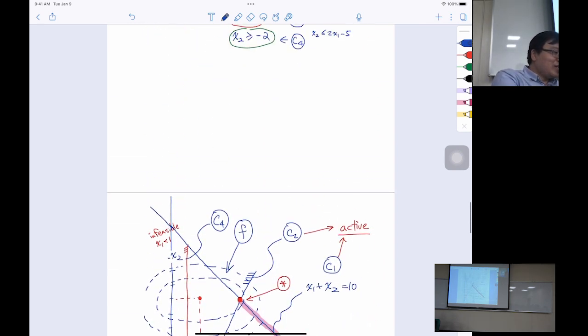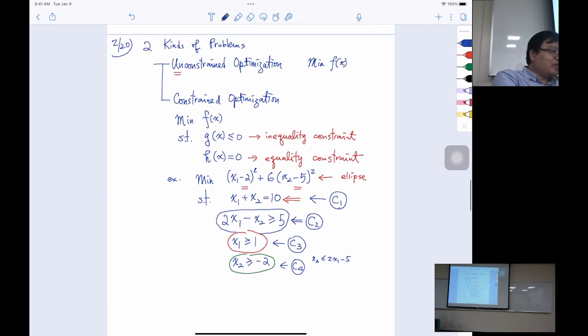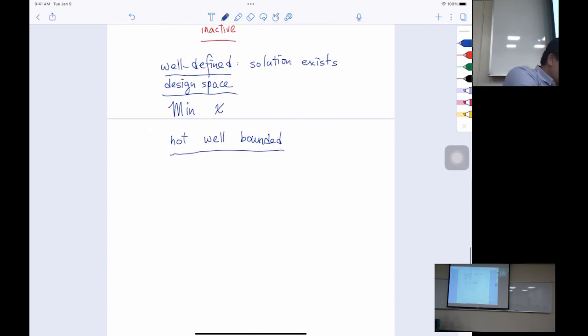Okay, anyway, I hope this helps you to understand the difference between unconstrained optimization and constrained optimization. But for today, we are going to focus on unconstrained optimization, because constrained optimization is much more difficult to solve. So for the first couple weeks, we are focusing on unconstrained optimization. Okay?